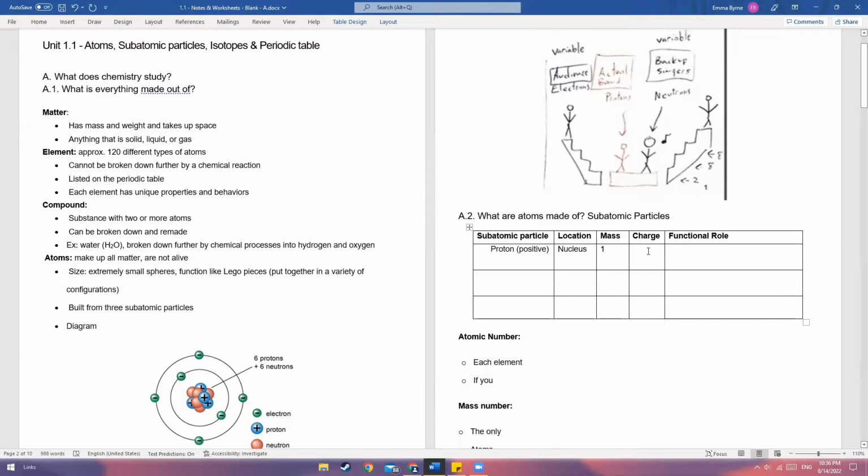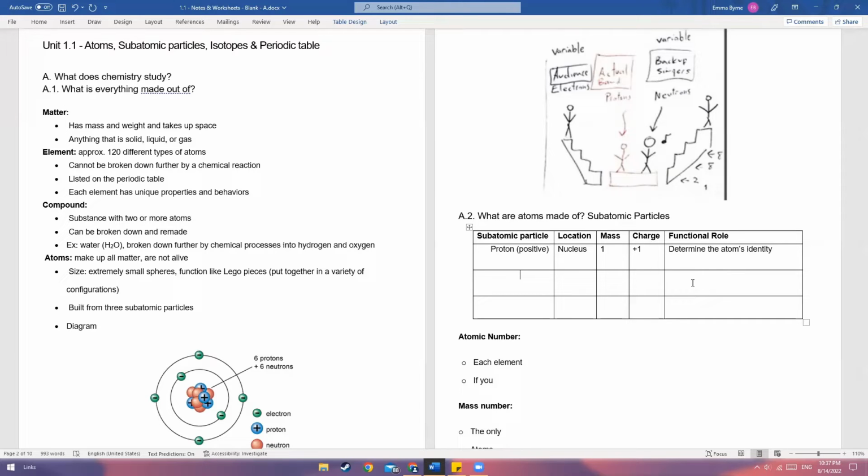Its overall charge, because it's positive, is +1. And the functional role of the proton is determining the atom's identity. I'll elaborate on what that means with a simulation in just a moment.